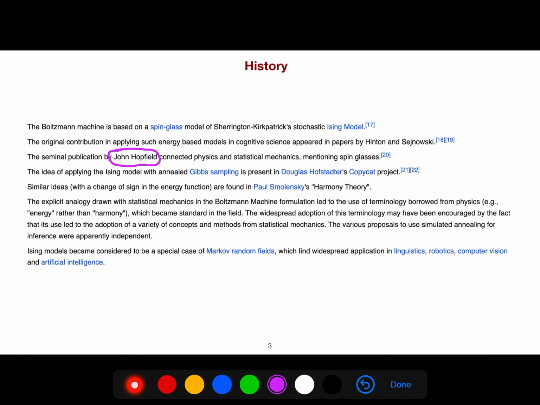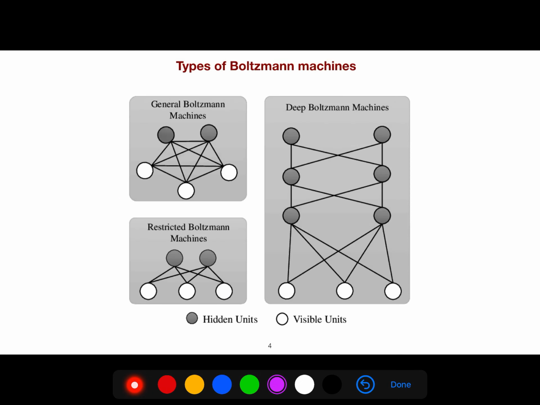The idea of applying the Ising model with annealed Gibbs sampling and similar ideas. So the Ising model became considered a special case of Markov random fields, which are found widely in linguistics and robotics.